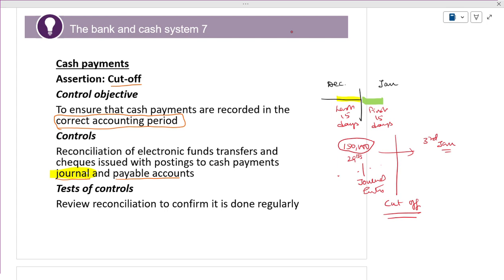The 150,000 will be considered as next year. That is the expense of this year, but clearance is happening next year. On 31st December, your balance will be more by 150,000.